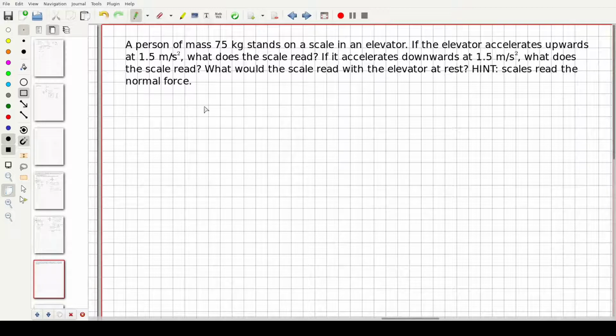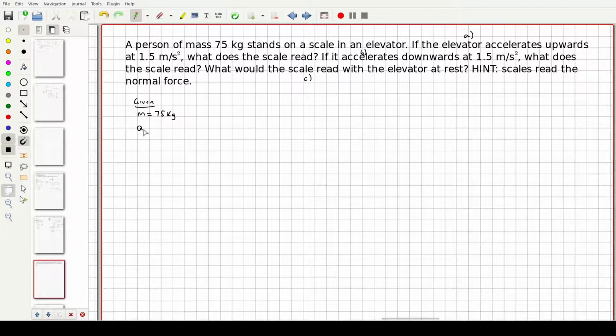What I'm going to do here is break this up into scenarios. I'm going to call this first one scenario A, this is scenario B, and this right here is C. In all cases, we have the same mass. So we're given, and I'm just going to break this up into the parts, the mass here is 75 kilograms.